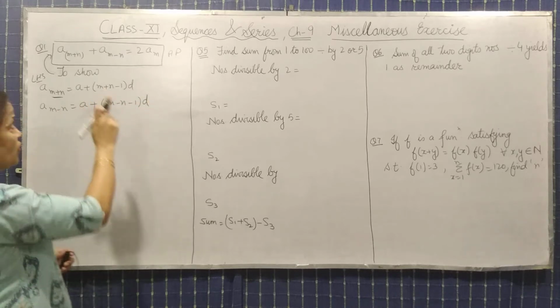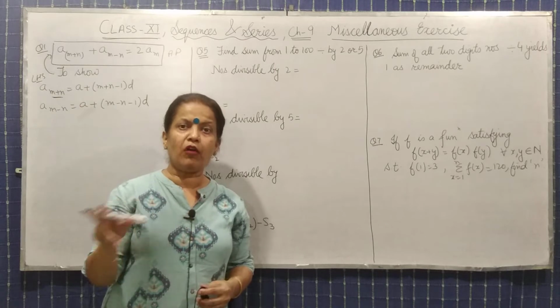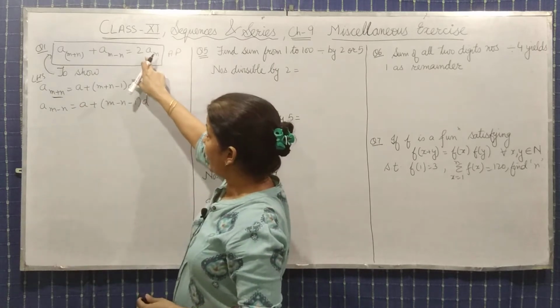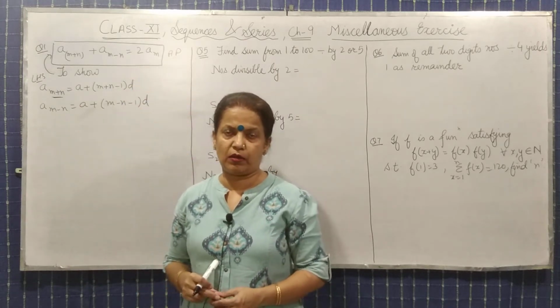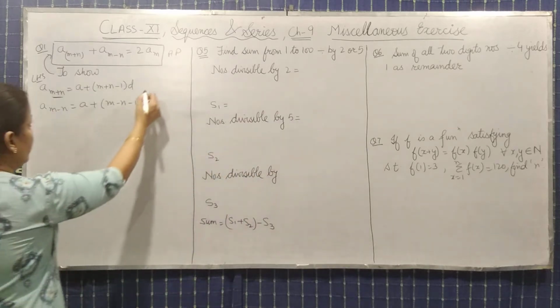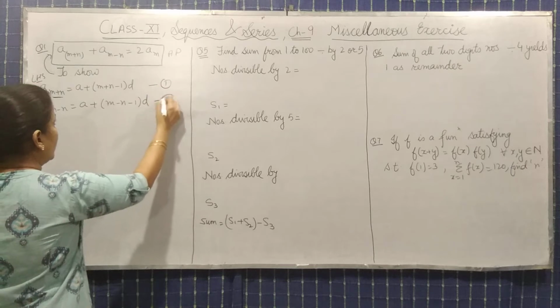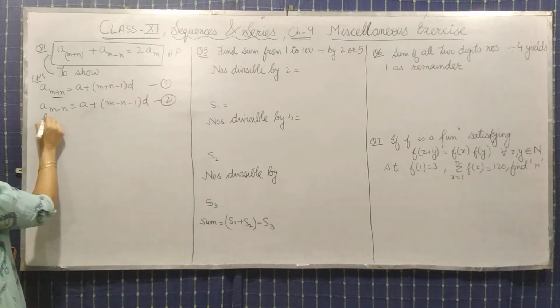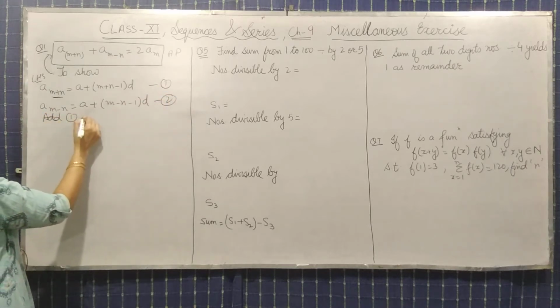Now according to the question, in the LHS, the sum of these two terms should be twice the mth term. So add equation 1 and 2.